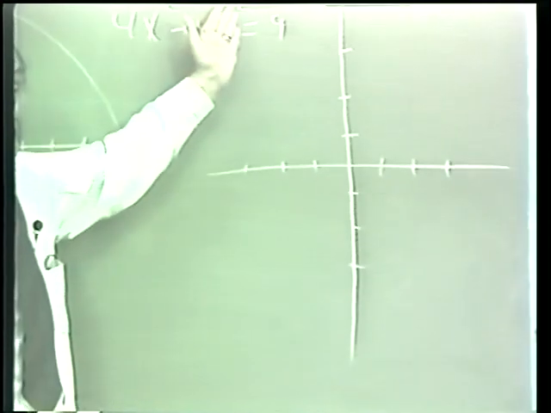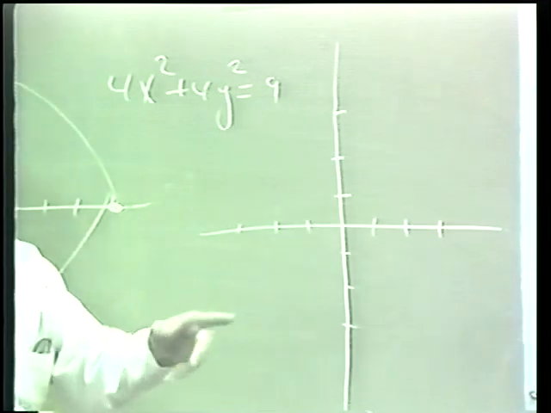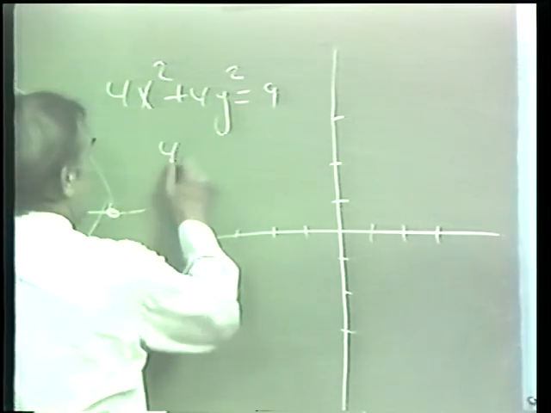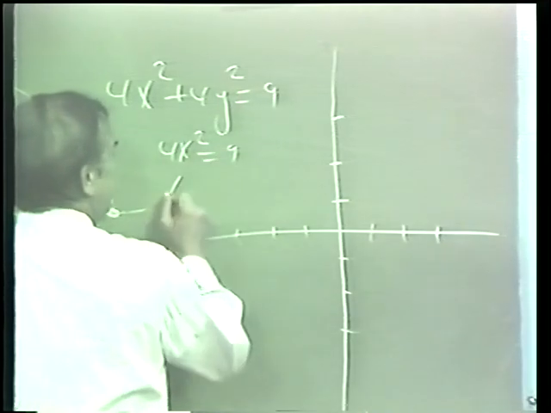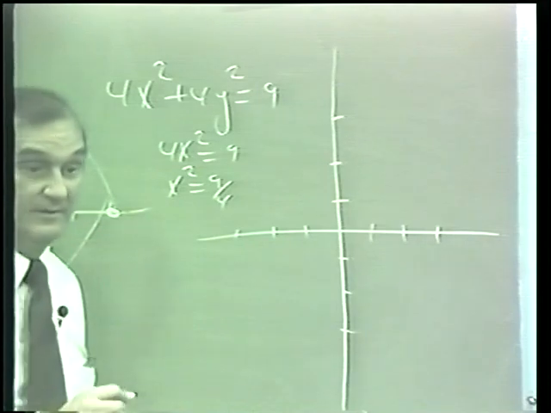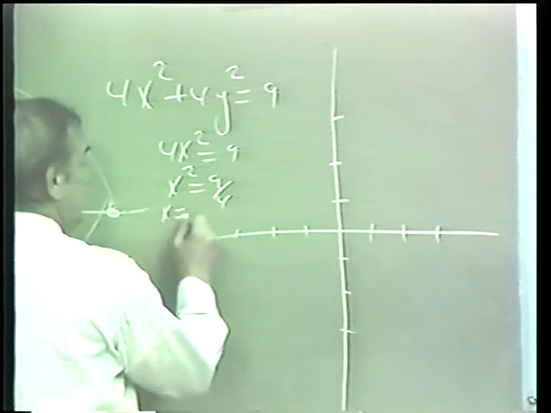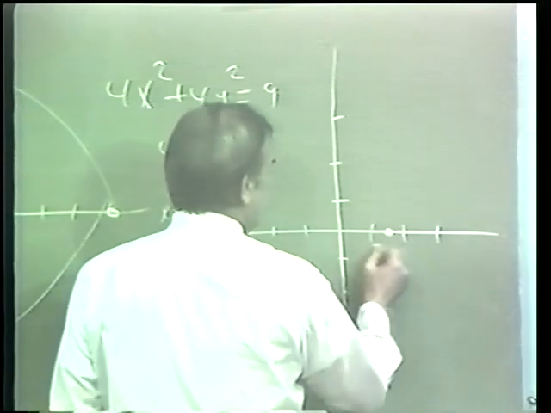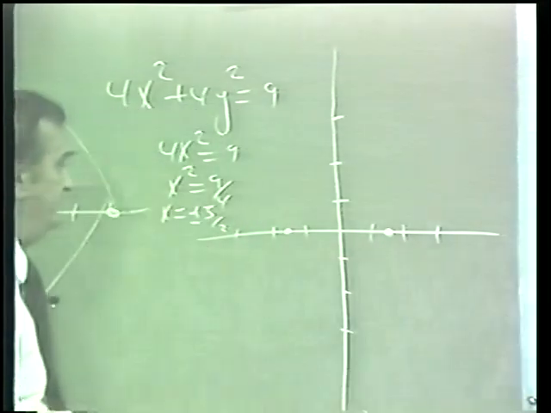So you lose the y term. So what you have is 4x squared equal 9. We had this exact problem when we have pure quadratics. 4x squared equal 9. That means x squared is equal to 9 over 4. X would equal plus or minus 3 halves. Well, that's 1 1/2. That's plus 1 1/2, negative 1 1/2.